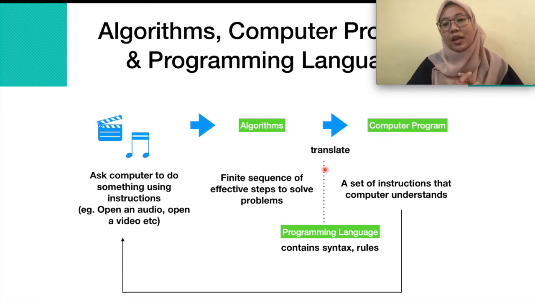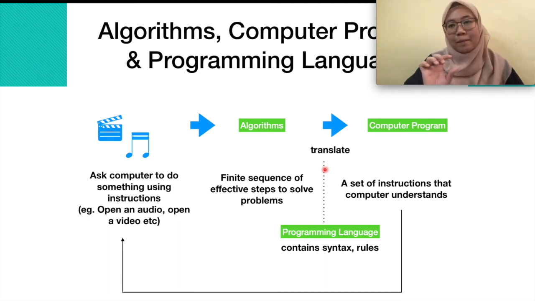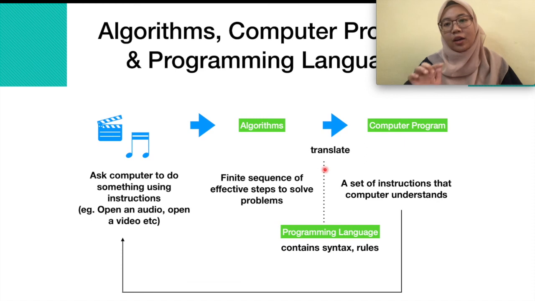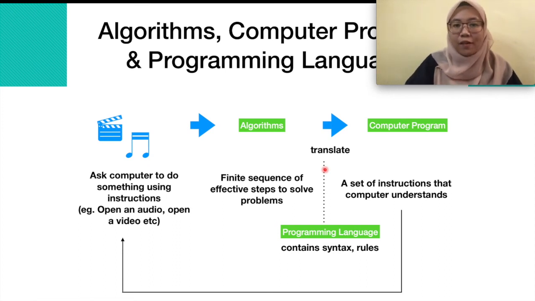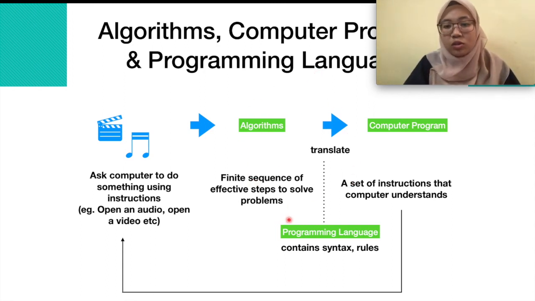Next, once we have translated all the algorithms using a programming language that a computer can understand, then we can come up with a computer program. For example, I want to write an application software, like Microsoft Word, where a computer can help me with instructions related to preparing a document. So after we set algorithms and convert them using programming languages, we can come up with a computer program.